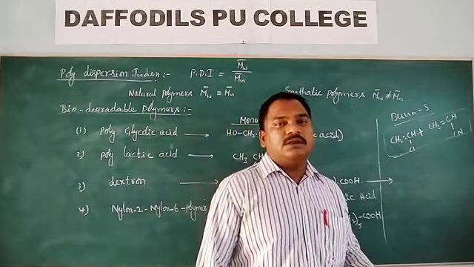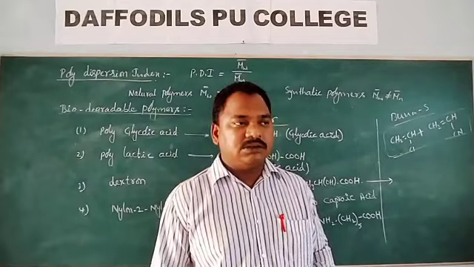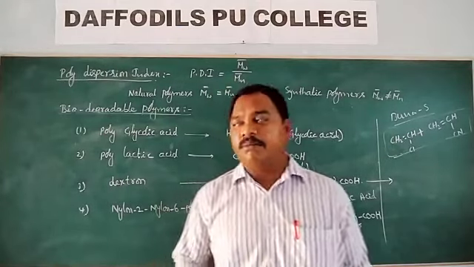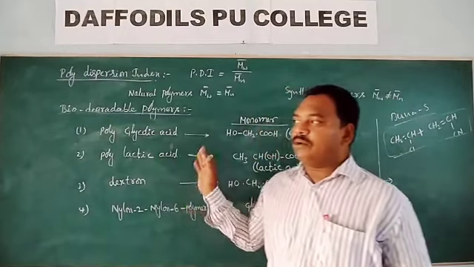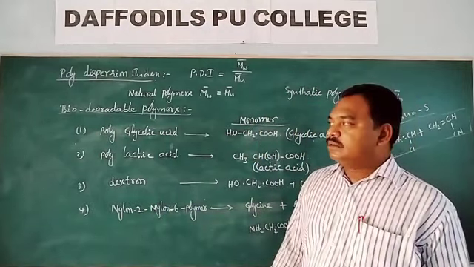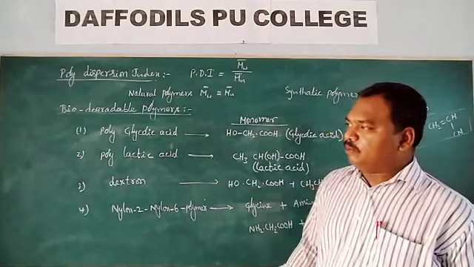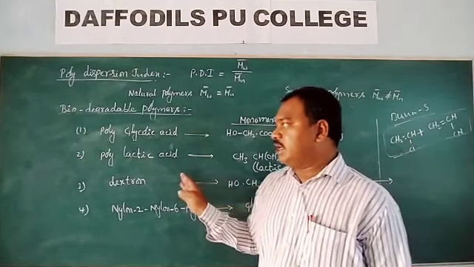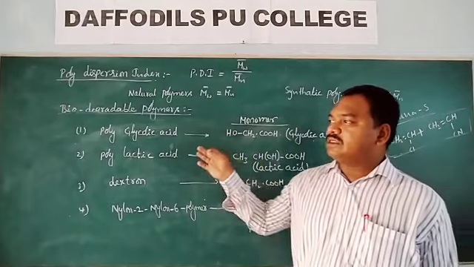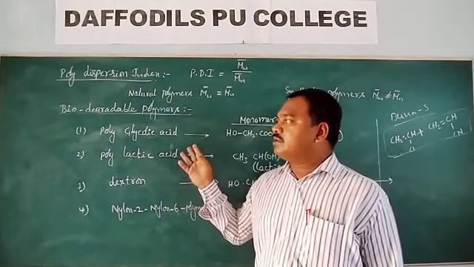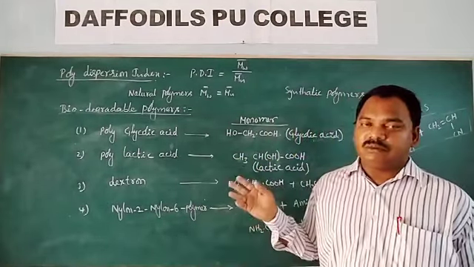The important thing in this chapter is that you have to remember all these monomeric units for each and every polymer. In most cases in the exams they ask about these monomeric units only. What are the monomeric units present in PHBV?